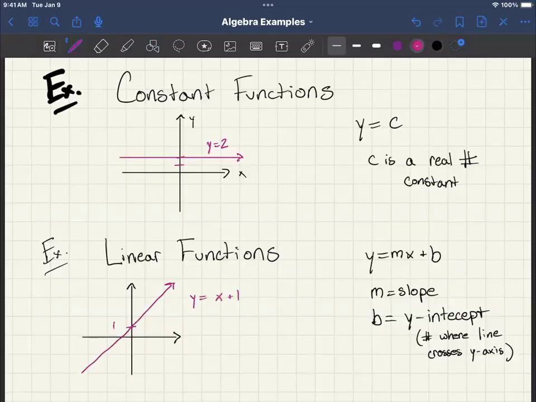So if we have a function like y is equal to x plus 1, we notice that the y-intercept is going to be 1. So it's going to cross our y-axis where y is equal to 1. Let me put in the x and y here. And our slope is 1, so it has a steady increase. It's not going to be too steep, but it's not small either. All right, so linear functions you spend a lot of time with.